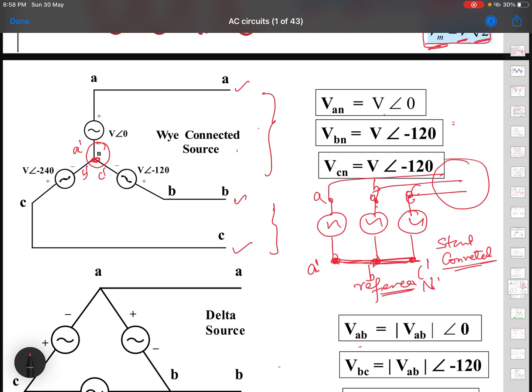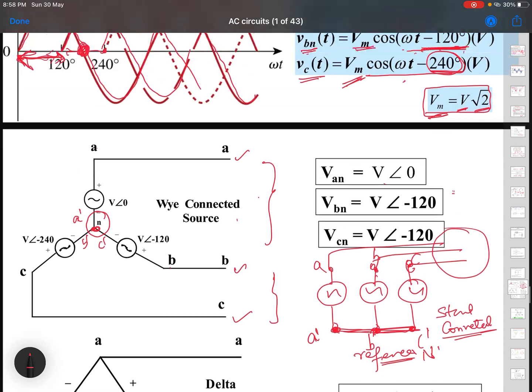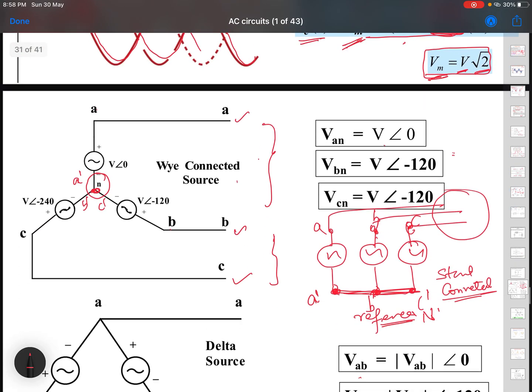And second, I'm writing the same 3 voltages now as VAN, VBN, and VCN, because A dash, B dash, and C dash are now N. So I'm writing the same thing in phasor form. If I take A as a reference, it is Vrms angle 0.